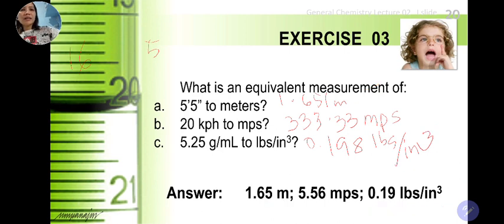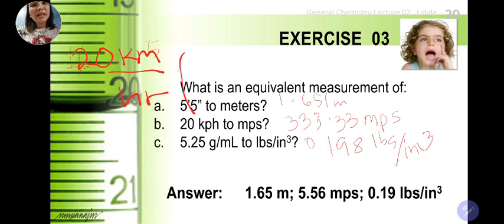Again, 20 kilometer per hour. Convert natin to meter per second. Okay, nakita ko na kung saan tayo mali kanina. Minutes lang pala yung kinonvert natin, hindi pa pala siya seconds. So, 1 kilometer is equal to 100 meters.